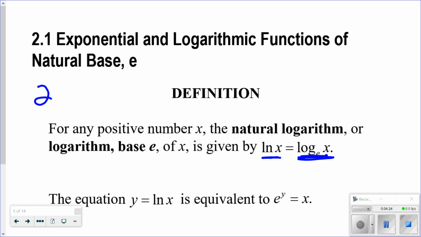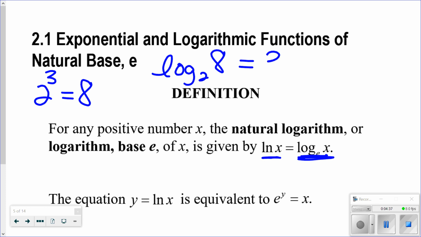So if I have 2 cubed, I know that answer is 8. Okay, so if I were to take the log base 2 of 8, it equals 3. The question that a logarithm is asking is, if I have this base, which you'll notice matches my base over here in the exponential, what exponent do I need to raise it up to get out an 8 for this specific example? So the answer to a log is the exponent.